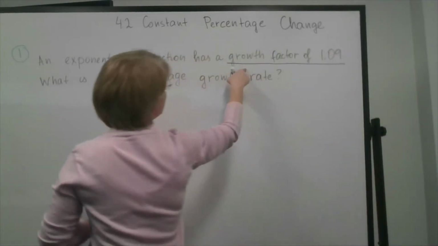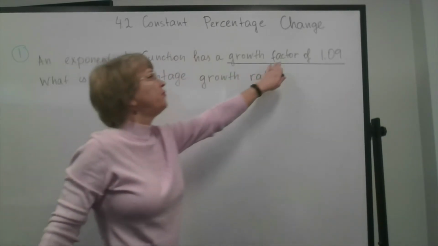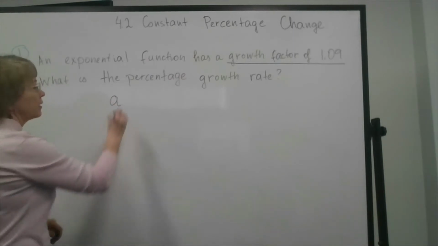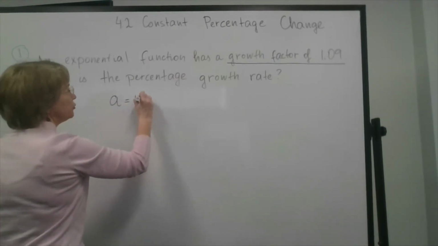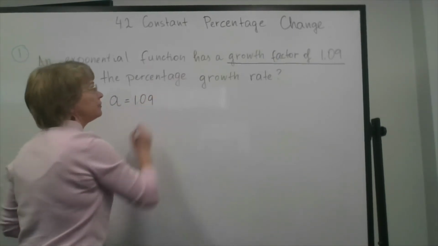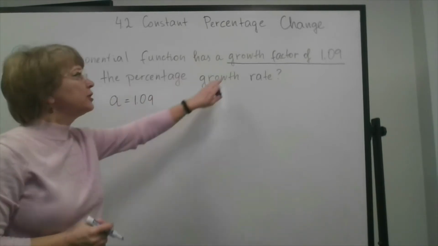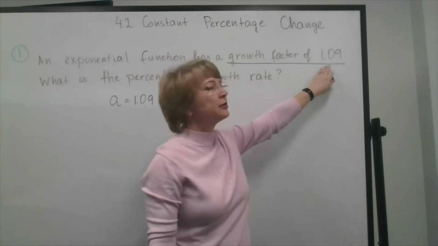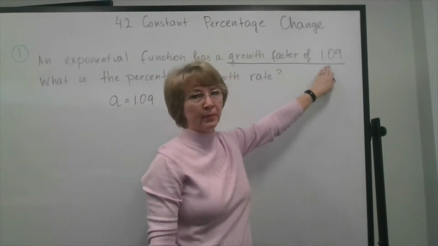What variable do we use for the word factor? It's a. So a is equal to 1.09. Why do they use the word growth? Because our factor is greater than 1.